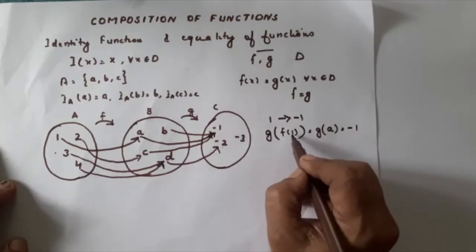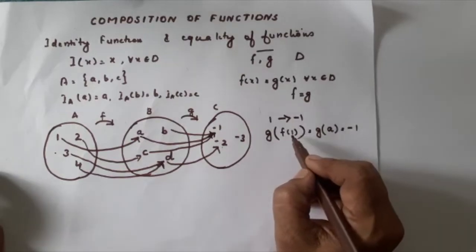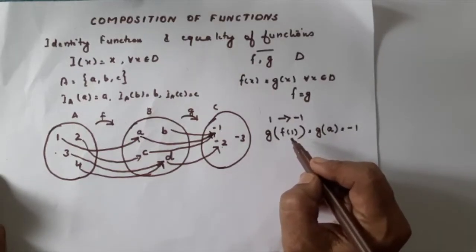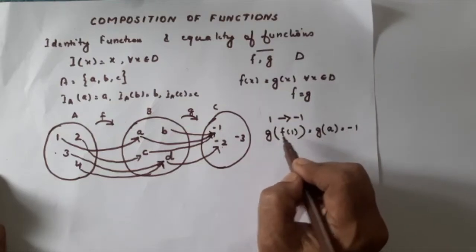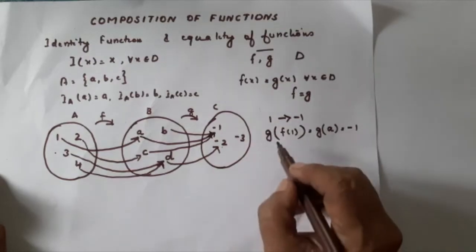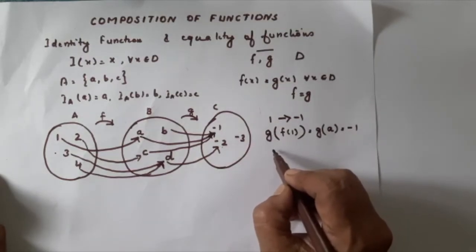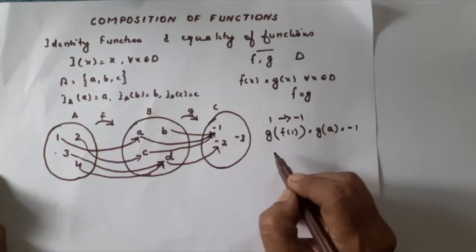That means by joining f and g in a particular manner, you get an association from the element 1 of capital A to the unique element minus 1 of C. How is this possible? The function g is applied on the image of 1 by f.